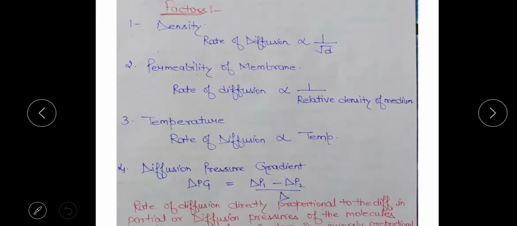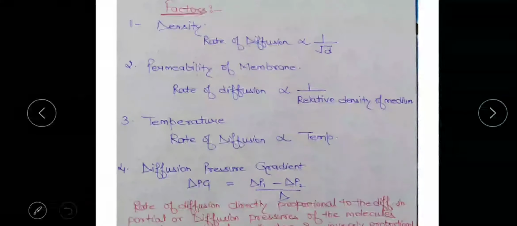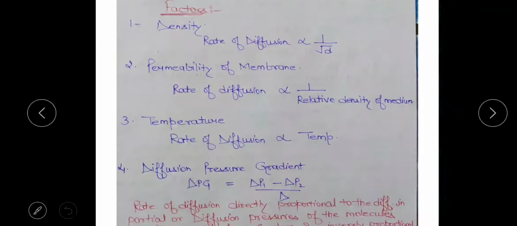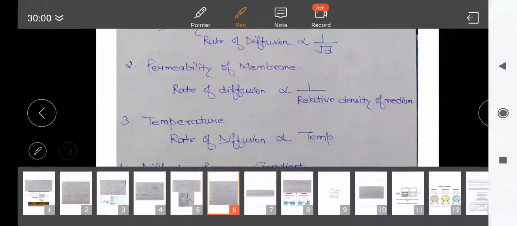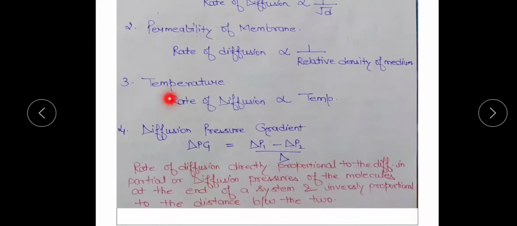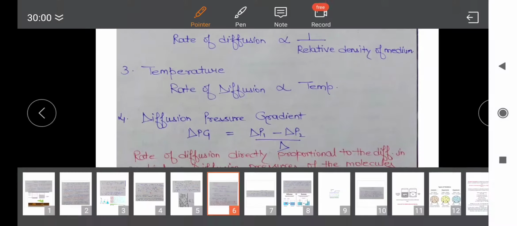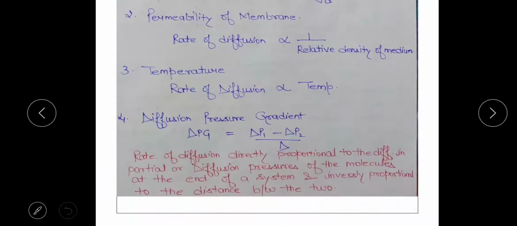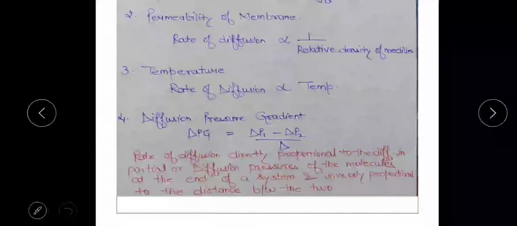So the fourth factor is the diffusion pressure gradient. It is shown as diffusion pressure 1 minus diffusion pressure 2 divided by the diffusion distance.